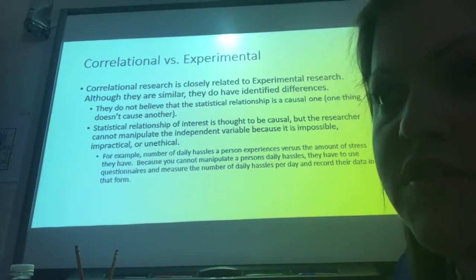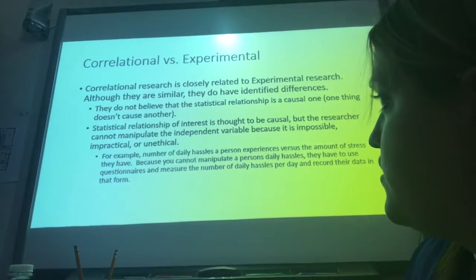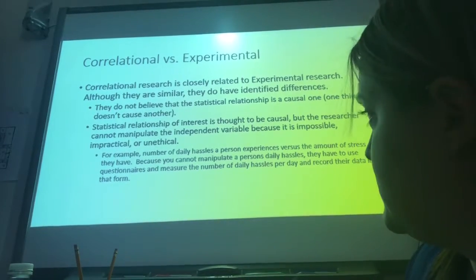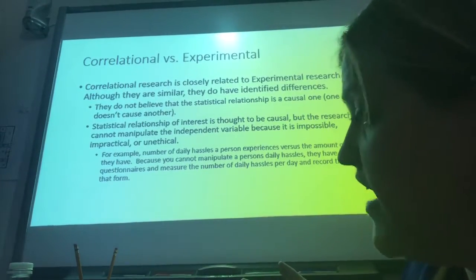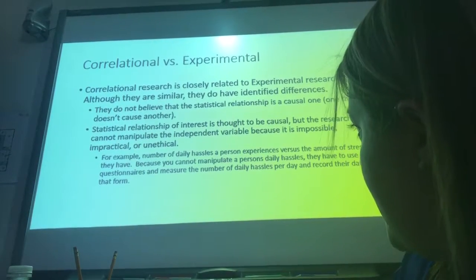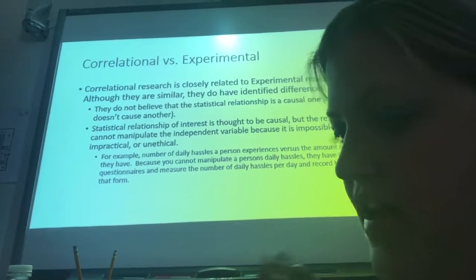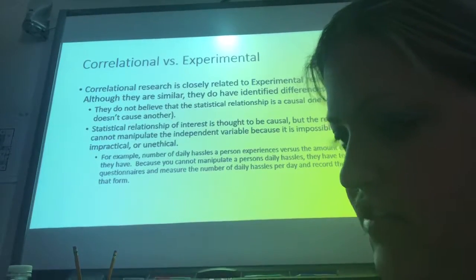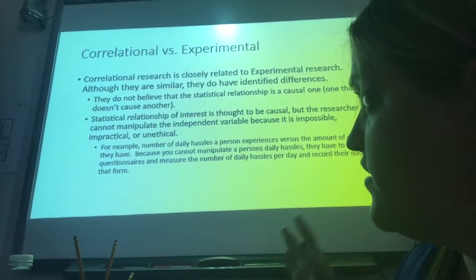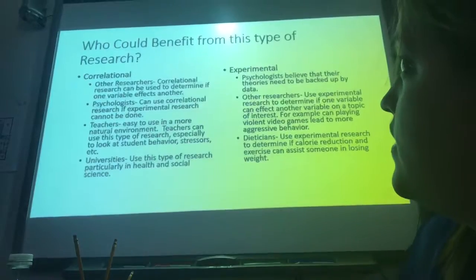My daily hassles are different than your daily hassles, which are different than my husband's daily hassles. So instead, you have to use questionnaires and measure the number of daily hassles per day and record their data in order to get a conclusion. But you can't manipulate daily hassles. They just happen. So that's another reason that people use correlational versus experimental.